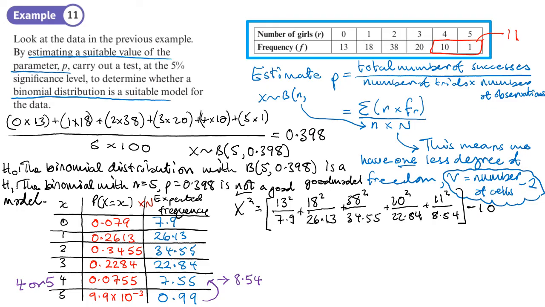Well, that's 100. So let's work this out and see what we get.